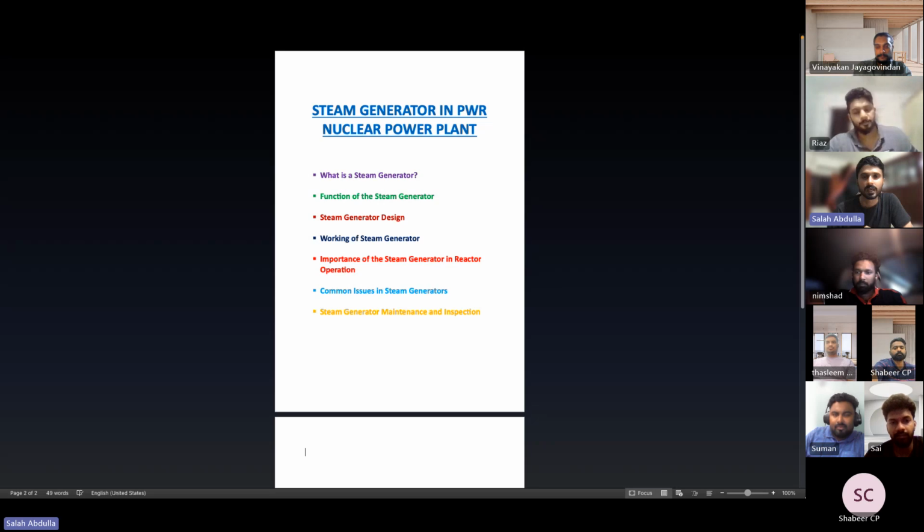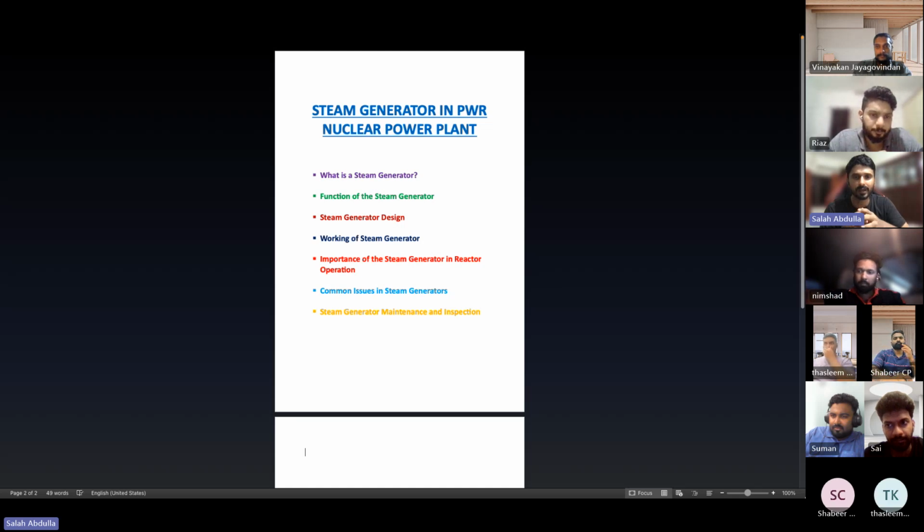This steam drives the steam turbine generators, which then produce electricity in a nuclear power plant. So a steam generator is a kind of heat exchanger, and it is a very critical component in pressurized water reactor nuclear power plants.